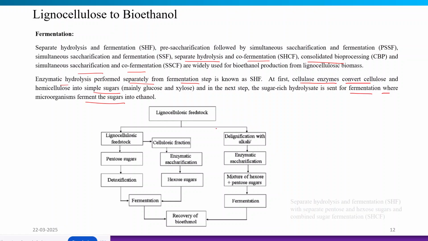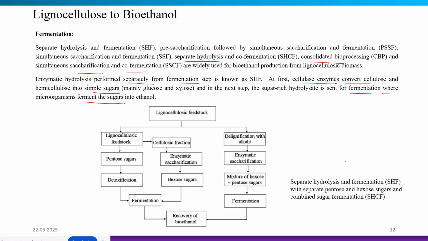You can see here we have separate hydrolysis and fermentation, followed by combined sugar fermentation, because in the separate process we are only processing the C6 sugars to bioethanol, but in the combined sugar process, we are going for both C6 and C5 sugars to form bioethanol. So combined sugar fermentation is happening.